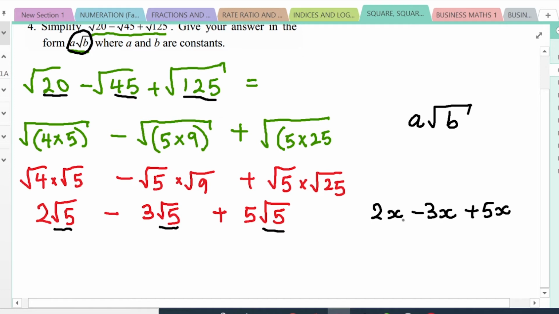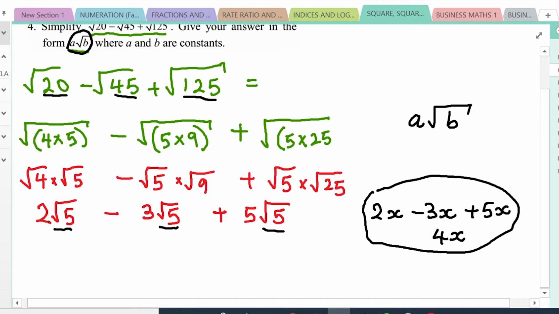So if you look at this, you realize that 2 minus 3 is negative 1, negative 1 plus 5 is positive 4. It becomes 4x. So the way you would do this for algebra, it's the same way you'd look at this. So this is 2 minus 3, which is negative 1, plus 5, which is 4. So the answer here is 4 times the root of 5.